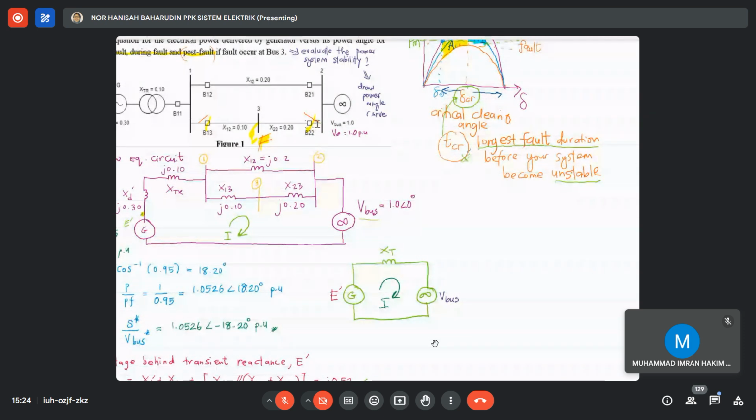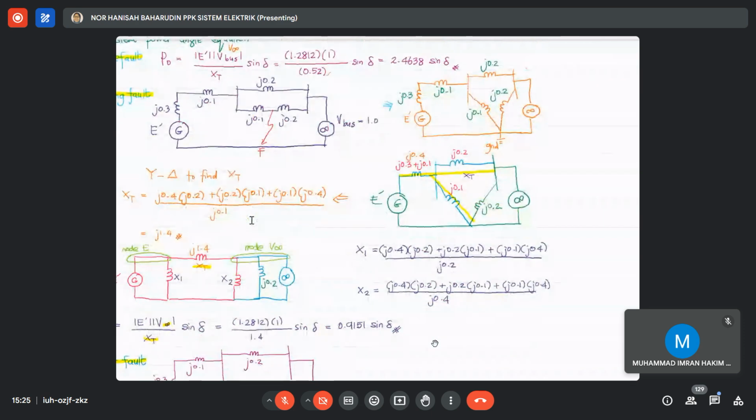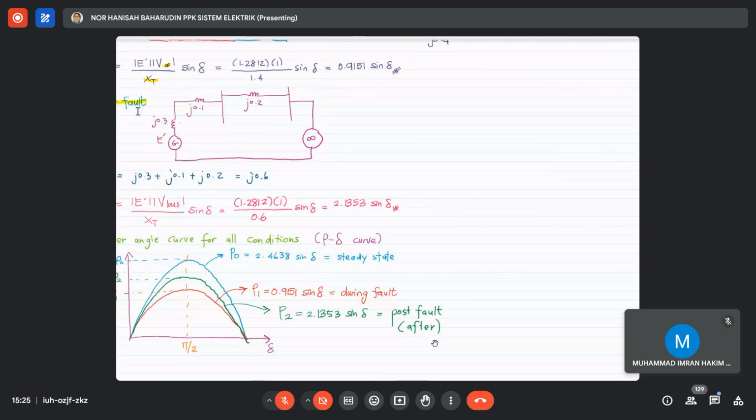Your circuit will have only one transmission line to the infinity bus, which is from bus 1 to bus 2. So this line will be isolated. That's why for the post-fault condition, you can redraw the circuit as j0.3, which is your XD prime, and this is your transformer reactance, which is j0.1.